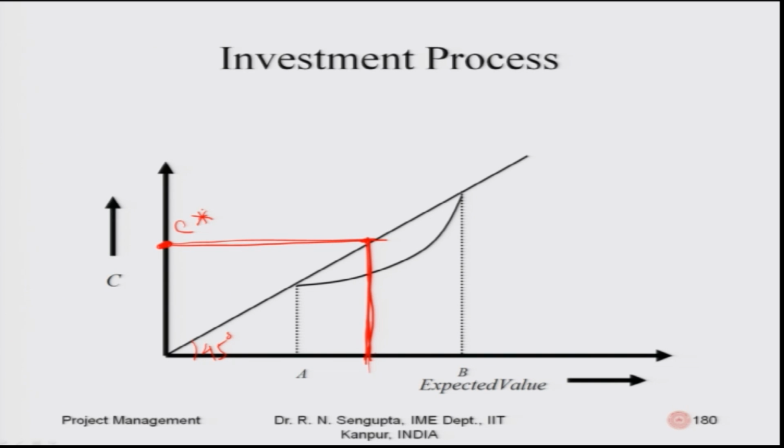I ask the other person to compare these two options and what decision that person would take, and C star is also known to that person because he or she sees it. Similarly, A and B are given. Now, consider the person says that he or she is indifferent. If that person is indifferent, it means that the certainty value for that decision for that person is C star.